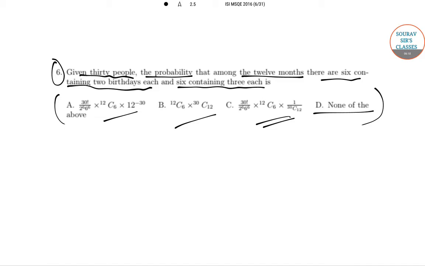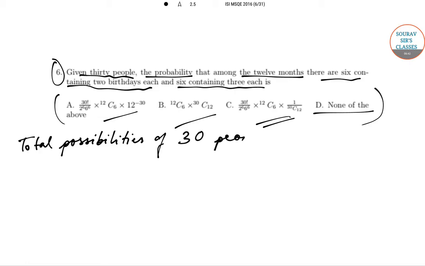So let us first find out the total possibilities of the 30 people having their birthdays in the 12 months.